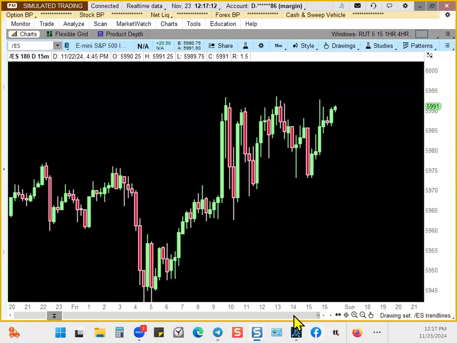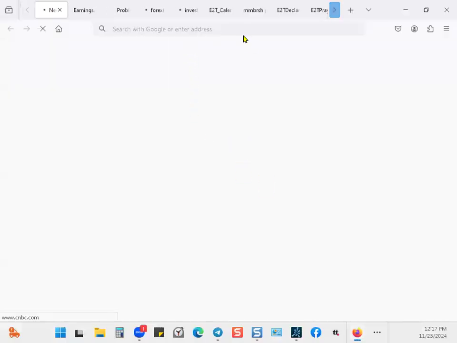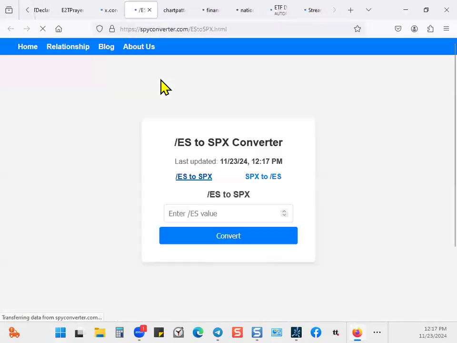That's why the ES SPX converter comes into play, because it makes it easier. And if you notice, this is updating consistently, which is a good thing for us.